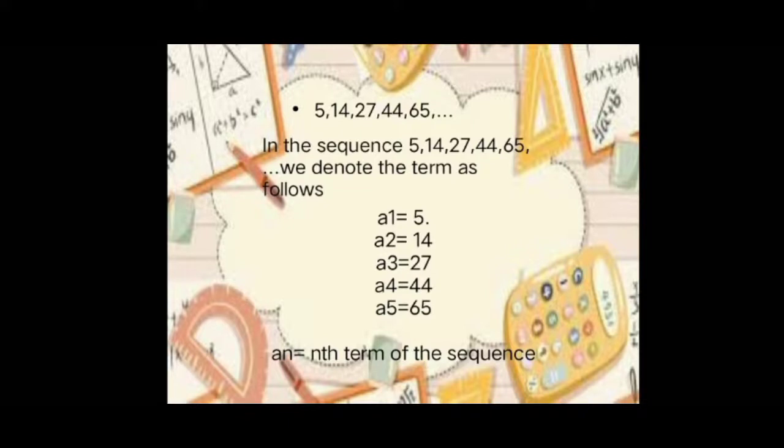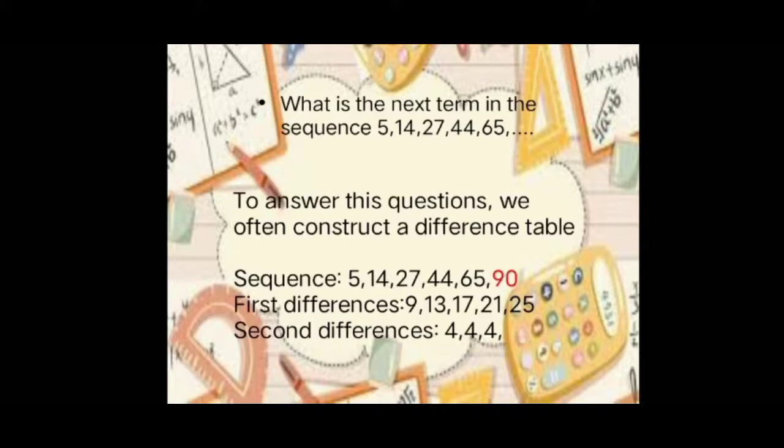As follows, a sub 1 equals 5, a sub 2 equals 14, a sub 3 equals 27, a sub 4 equals 44, and a sub 5 equals 65. A sub n is equal to the nth term of the sequence. So here we go, we just find the answer in this slide. Sequence 5, 14, 27, 44, 65, 90.